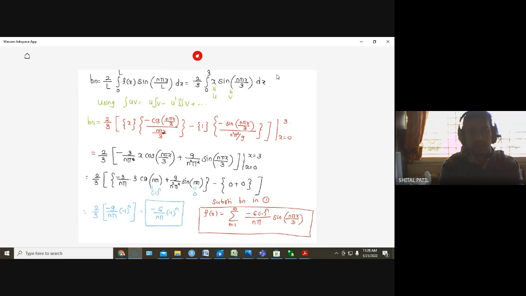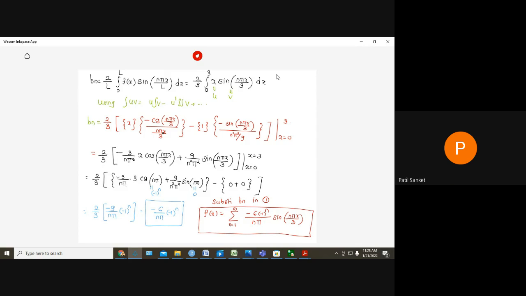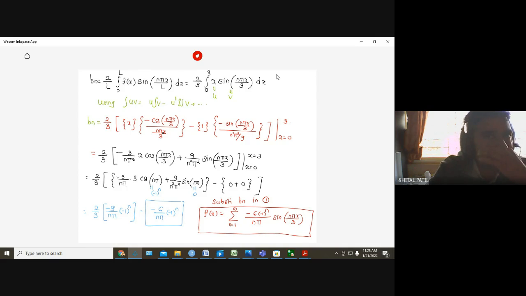Some homework will be given. How much time do you want to complete the homework? After the unit test. Next Monday is okay? Sorry, next to next Monday.